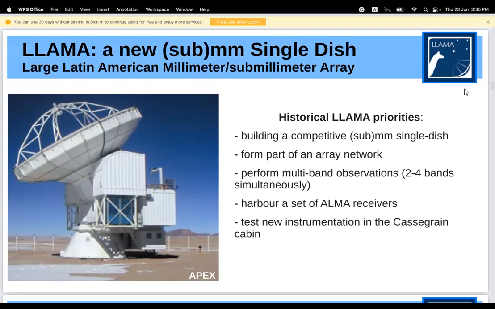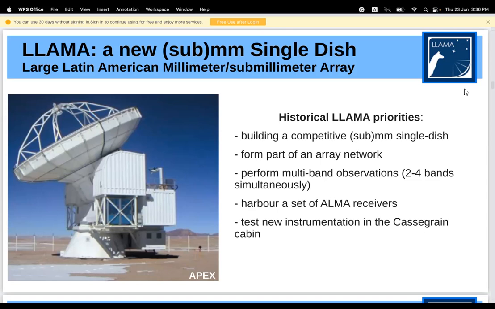LLAMA, with a double L, is pronounced like 'ya' in Spanish, and in Argentina we pronounce it as 'sha-ma', so you will probably hear it pronounced differently by Spanish speakers and Argentinian speakers. Shama or llama stands for Large Latin American Millimeter and Submillimeter Array. Originally it was intended for working with a small network of millimeter facilities, including ALMA and APEX.